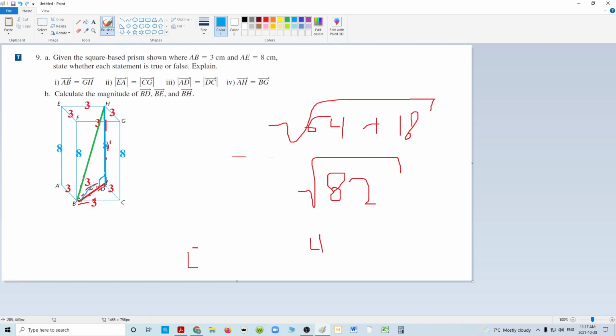The base is the square root of 18, right there, and the height is just 8. And that green line is the hypotenuse between this and that. That sort of illustrates it a bit better.